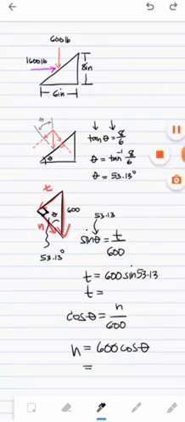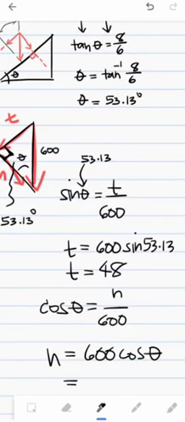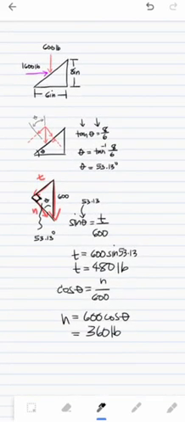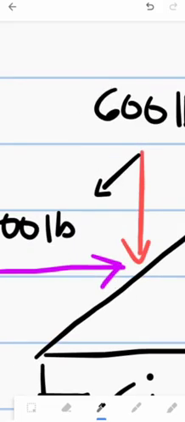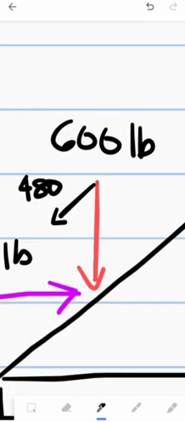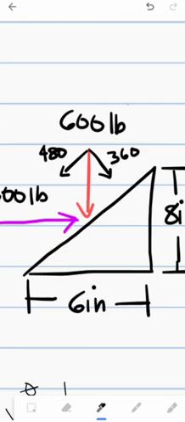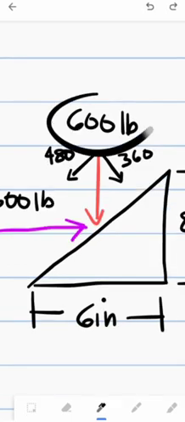Plugging this into our calculator, we get the tangential as 480 pounds and the normal as 360 pounds. If you take the square of this one, add the square of this one, and take the square root, in other words the resultant, we should get 600 pounds.